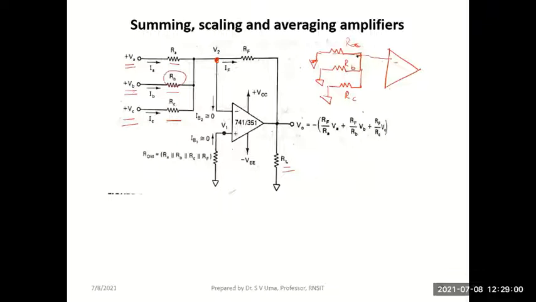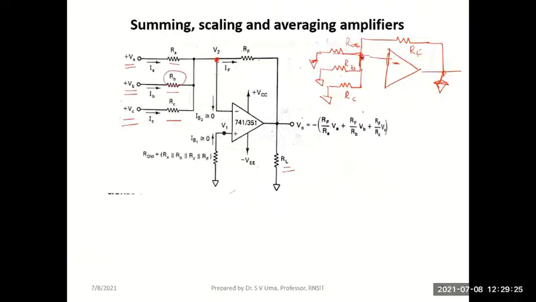Wherever I have voltage sources, I should ground. And other than that, I have this resistance RF also connected from the inverting terminal to ground. I have to connect this V0 to ground because I am trying to find the Thevenin's resistance. All voltage sources should be replaced with a short circuit.